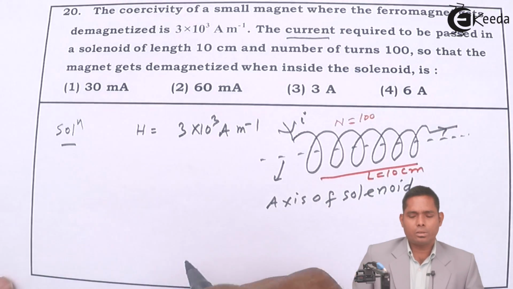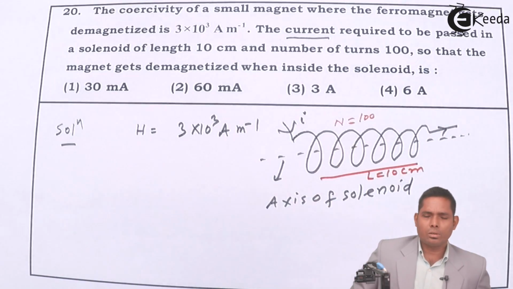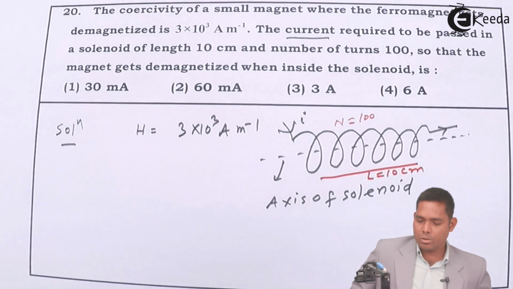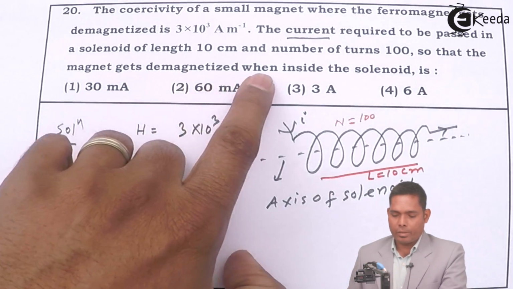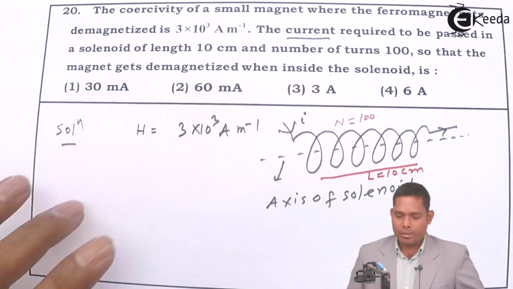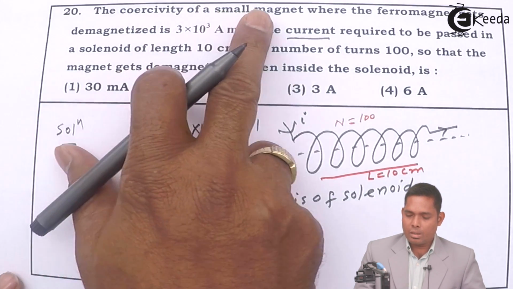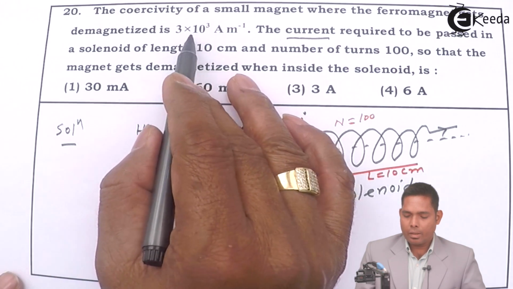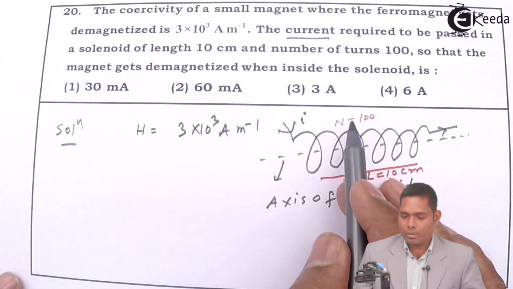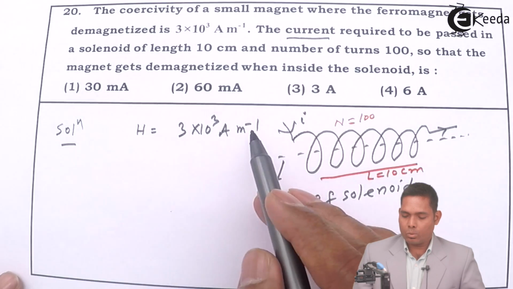Basically the solenoid can magnetize or demagnetize a substance, but here it is used to demagnetize. So the coercivity is this value, and you have to demagnetize that. How much current can do that work?